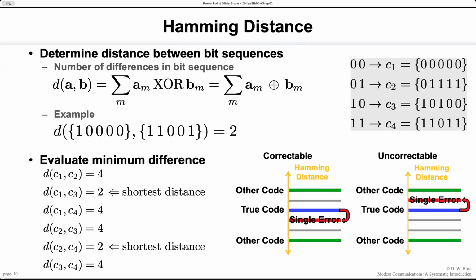All right. So one of the things we have to think about is how far apart different bit sequences are. And we typically discuss this in terms of Hamming distance.